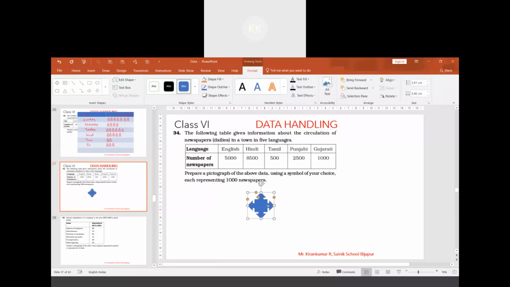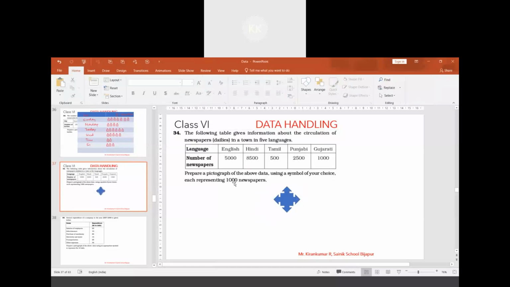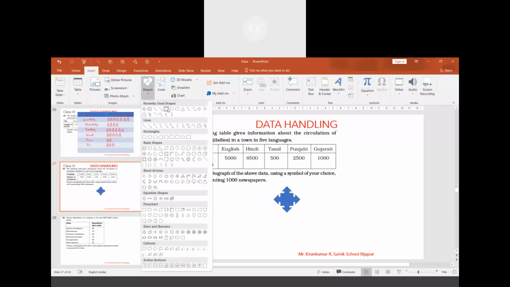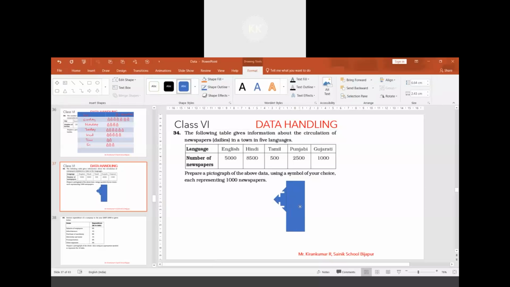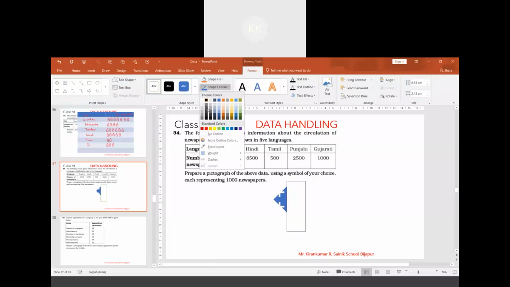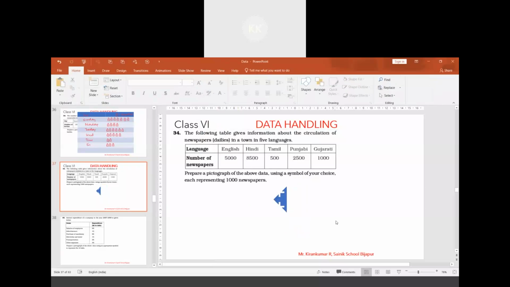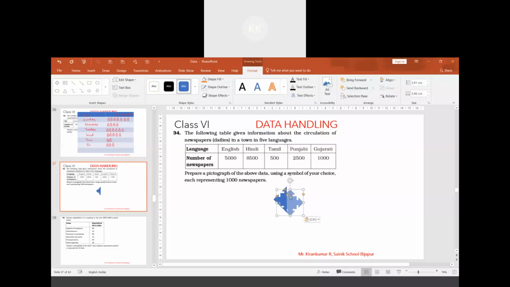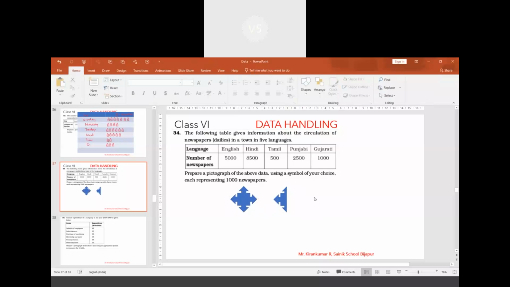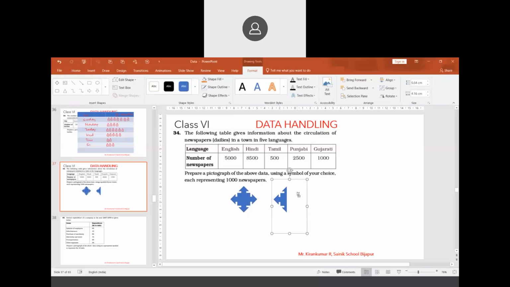If this symbol indicates 1000, then half of this symbol is 500. This is one full symbol, and this is half of the symbol. Correct? Yes, sir.